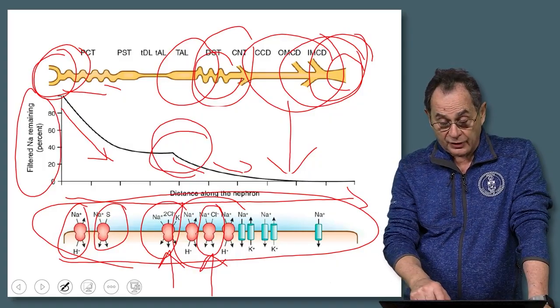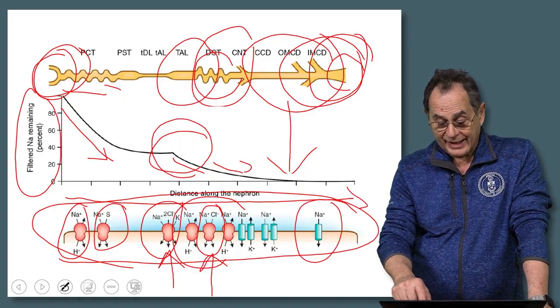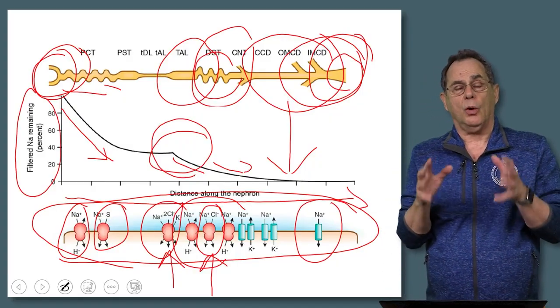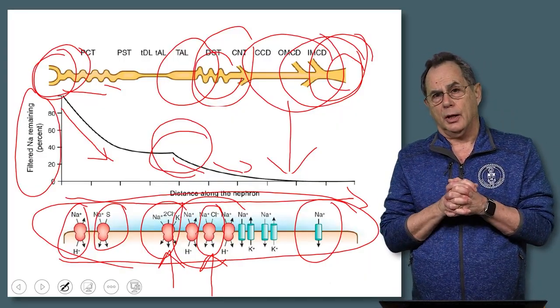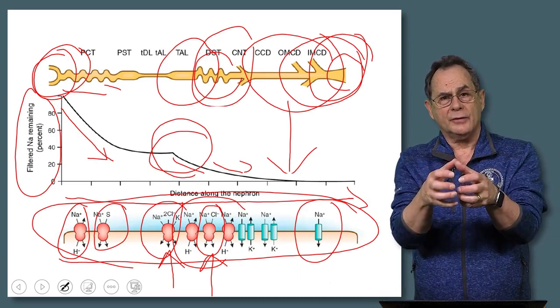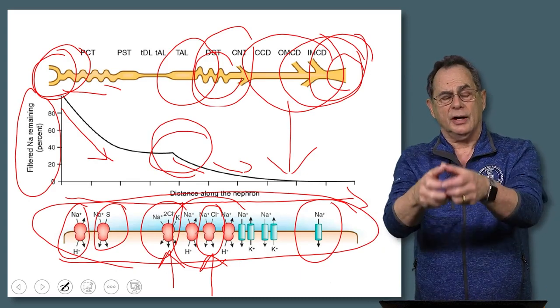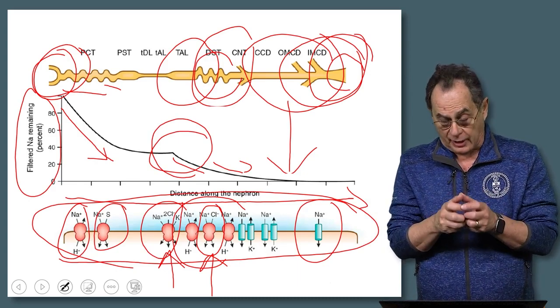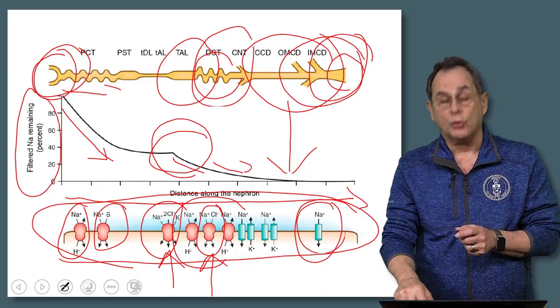And then as we move into the collecting duct, the key thing to remember is what we have is a sodium channel. In other words, not a transport protein that is a cotransporter or an antiporter, but rather a sodium channel.